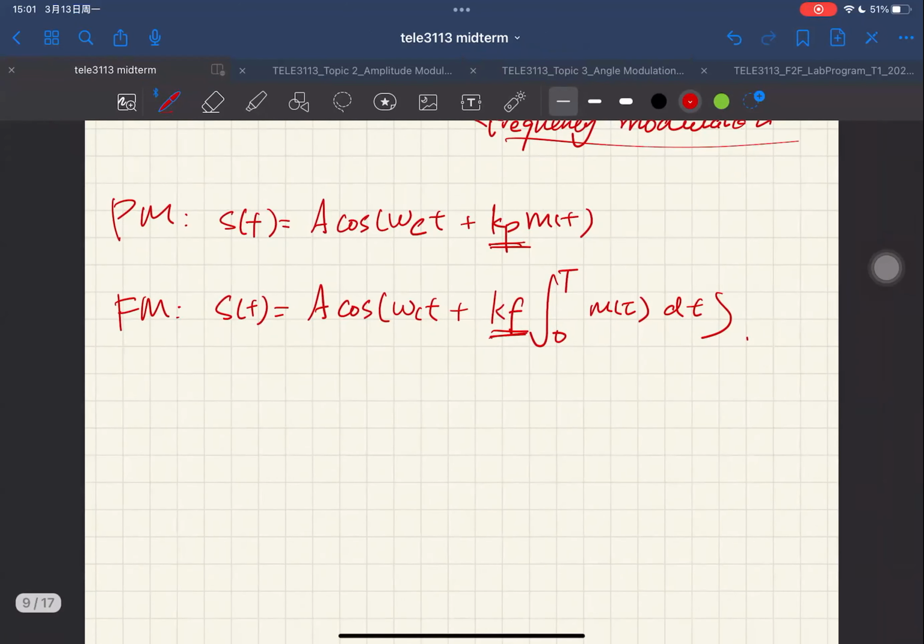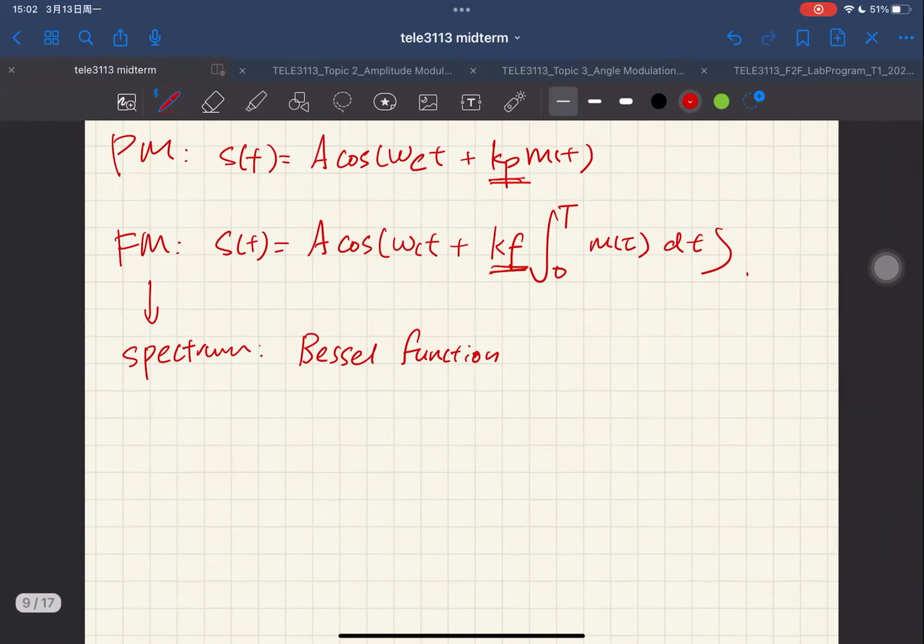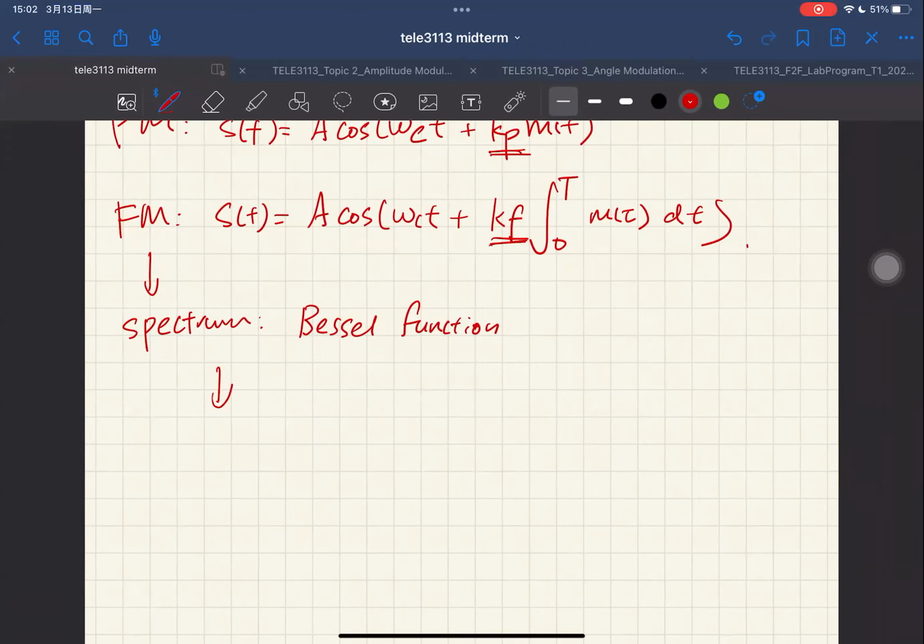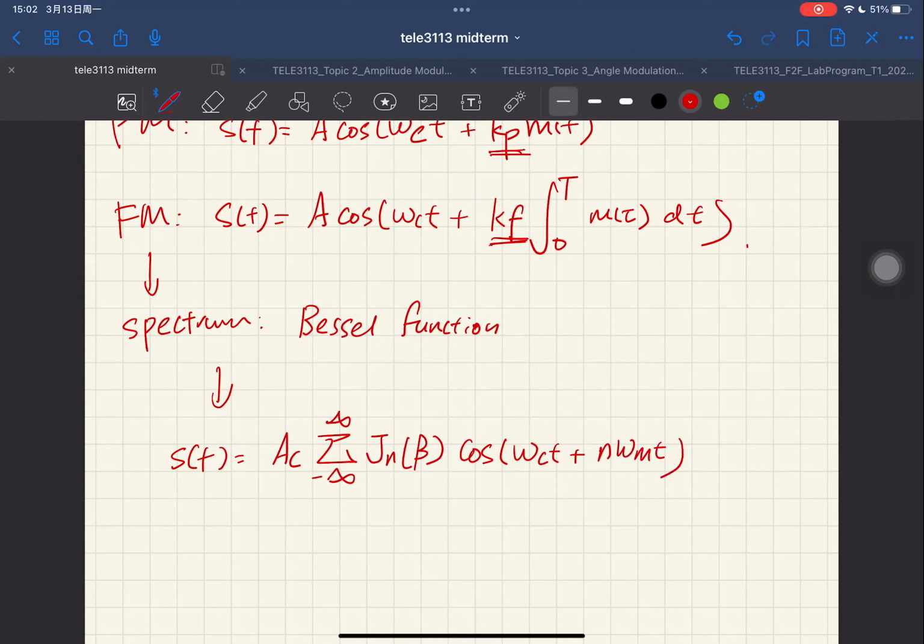For frequency modulation, if you want to analyze the spectrum, you have to look at what's called a Bessel function. Eventually you can rewrite your frequency modulation signal as A_c times the sum from negative infinity to positive infinity of J_n(beta) cos(omega_c t plus n omega_m t).